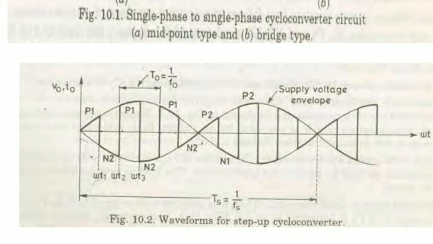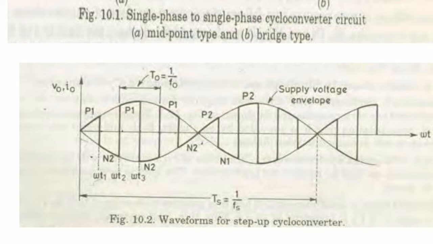Then after commutation of P1, N2 is triggered, and the process continues. So for the first positive half cycle, we turn on P1 first, then P1 commutates, then we turn on N2, then N2 commutates, then again we turn on P1, N2, P1 and N2. This process continues through the first positive half cycle, so we get that many cycles within the first half cycle of the AC input wave.